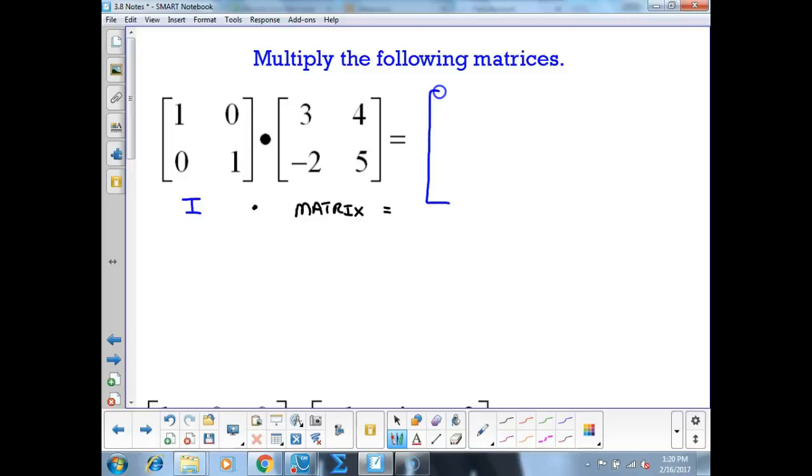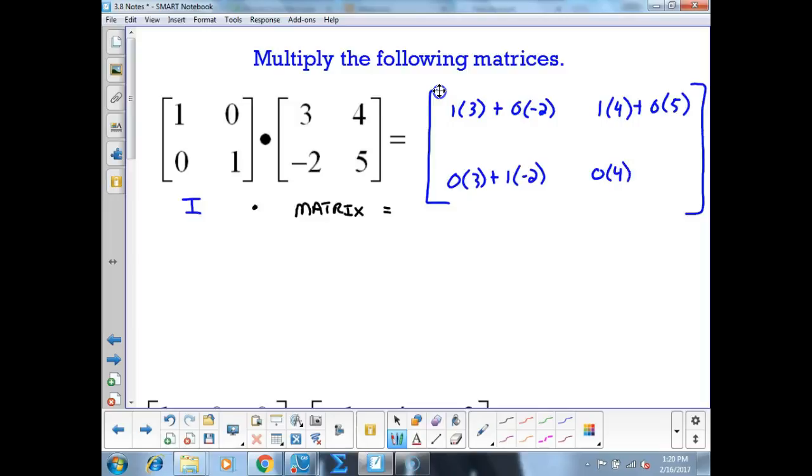Okay? So, row by column. That's going to be 1 times 3 plus 0 times negative 2. Row by column is going to be 1 times 4 plus 0 times 5. Row by column is going to be 0 times 3 plus 1 times negative 2. Row by column, 0 times 4 plus 1 times 5.